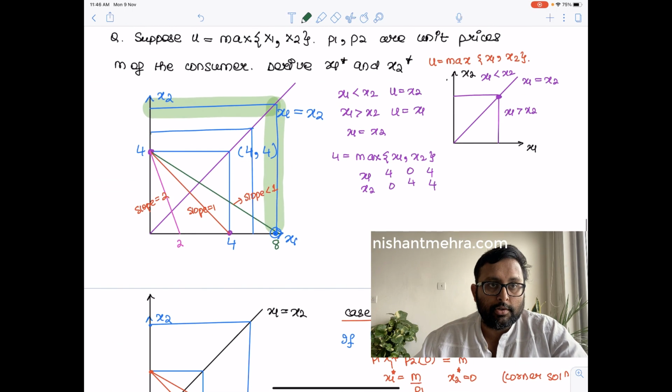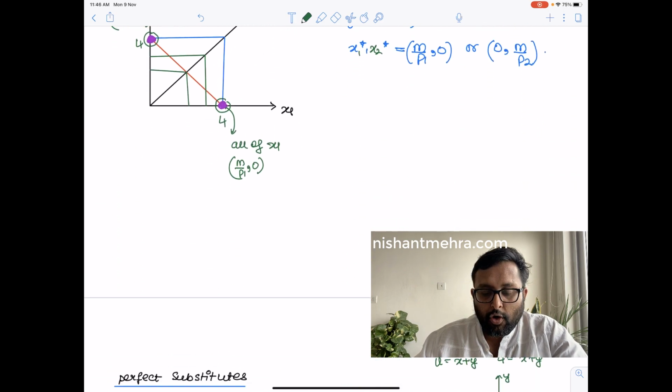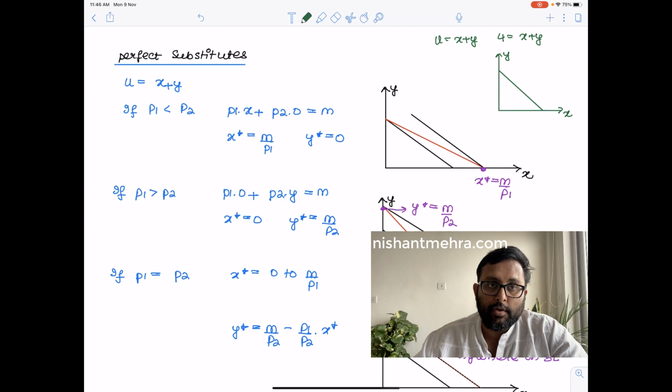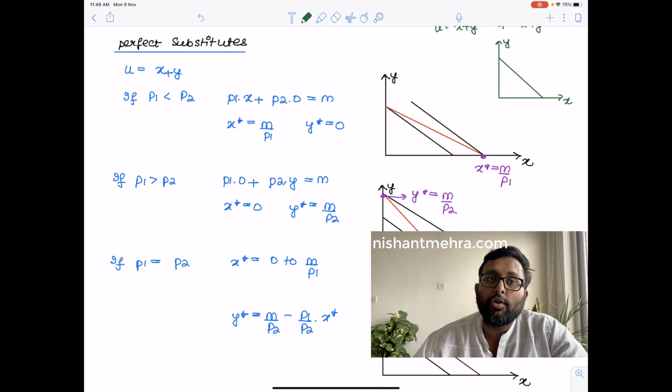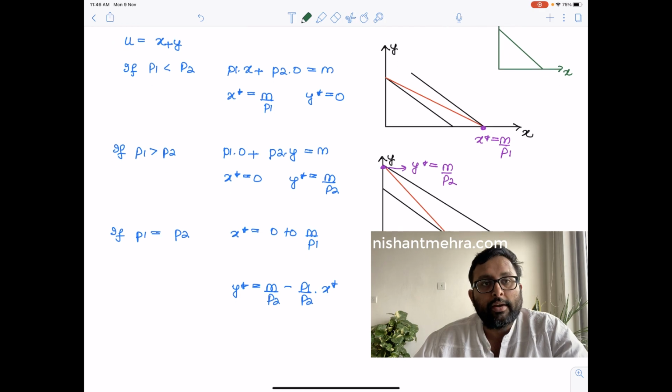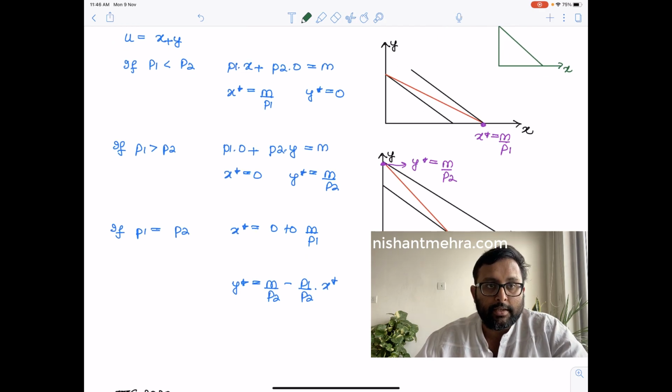Of course you cannot use Lagrange because it's not a differentiable function. And moreover, these are not convex indifference curves, right? Lagrange will give you the better solution if you have the convex indifference curve, because you are maximizing utility. And moreover, Lagrange is only going to give you the solution for the interior. For Kuhn-Tucker, of course, you can have the corner solutions as well.